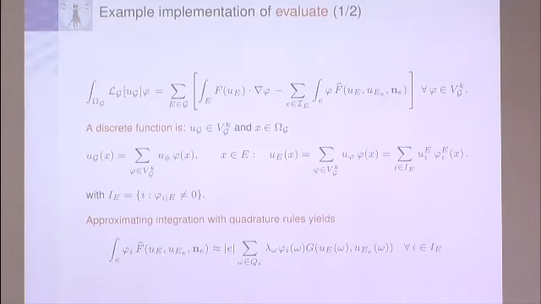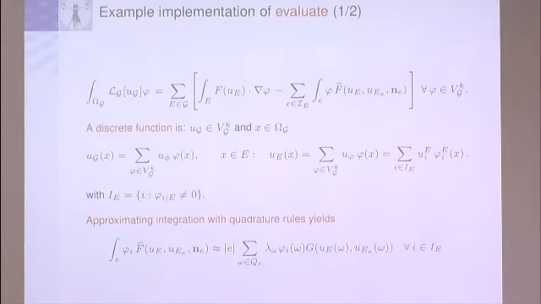Here you have the integral for the flux, and G is actually F hat. You have the evaluation of the flux for a given set of quadrature points, and here you have the evaluation of the discrete function on one cell.